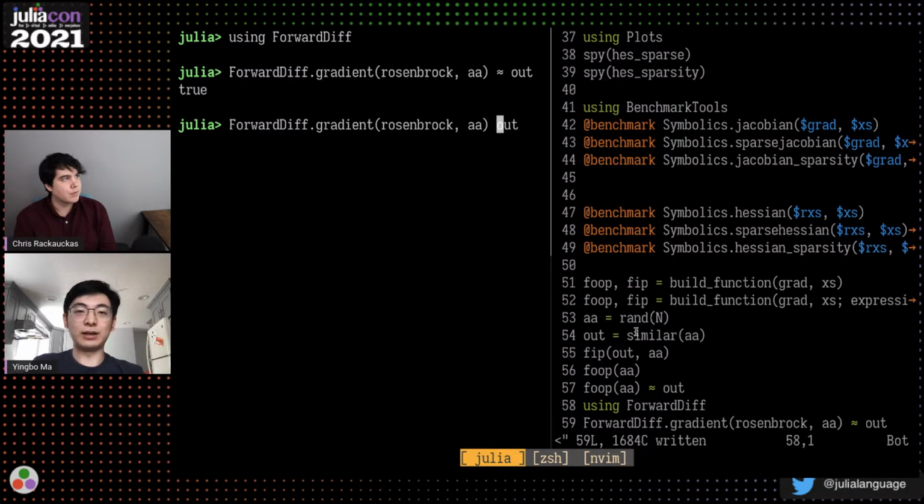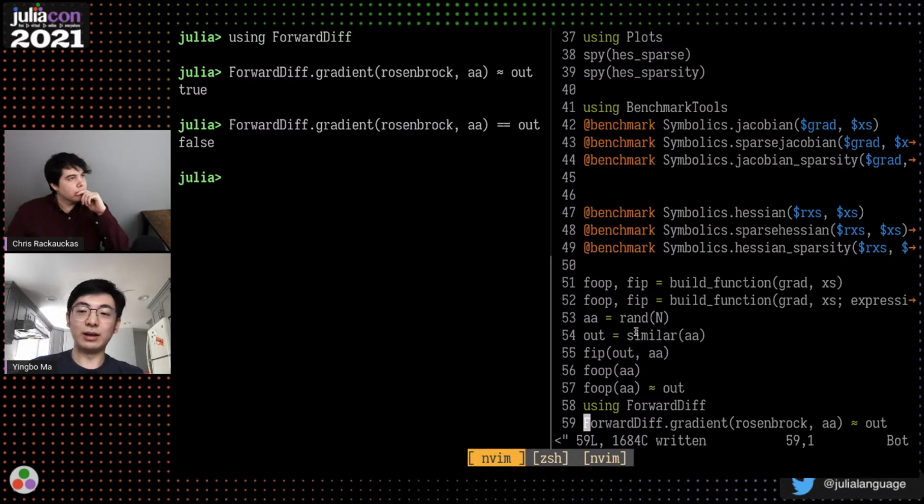But then if we check it using exactly equal, that would be false because the evaluation ordering is a little bit different. And because of this difference in the evaluation ordering, it will result in some difference in machine epsilon. So remember that we are doing some symbolic manipulations already when we are constructing the expression.